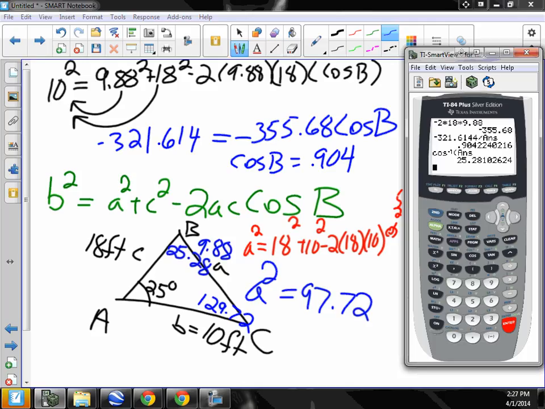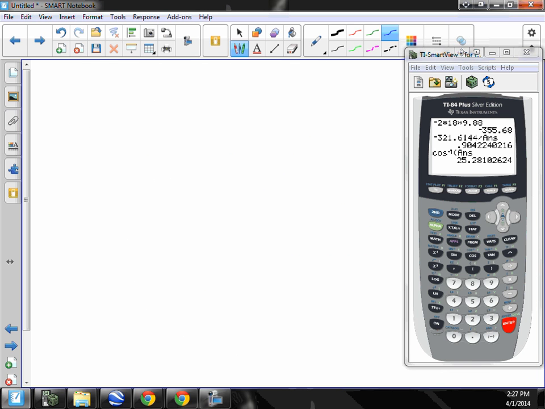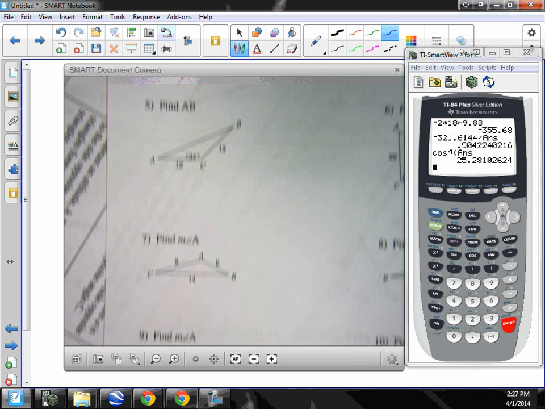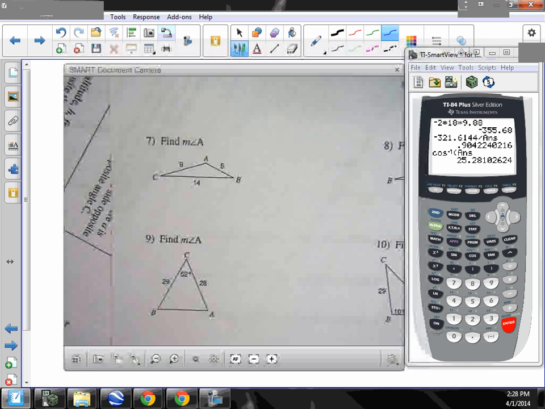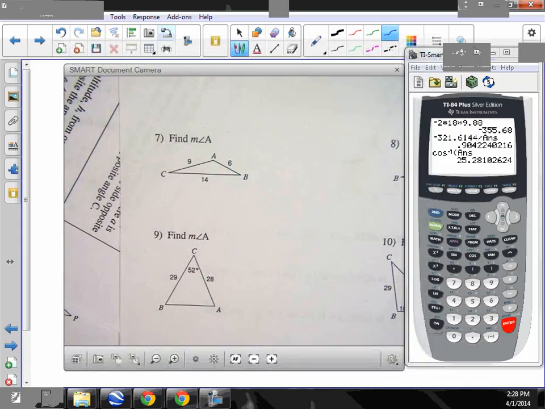So the law of cosines is kind of nasty in that regard, but something funny can happen with the law of cosines that doesn't happen with the law of sines. So I want to point that out. Look at number 7 on your worksheet.